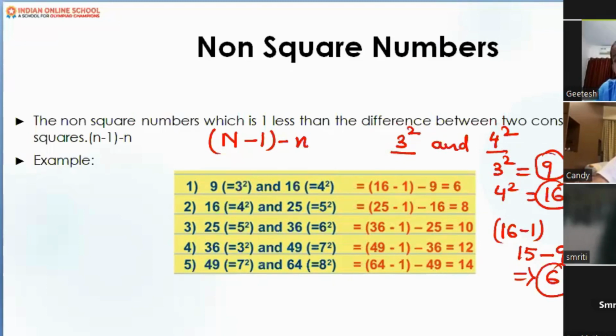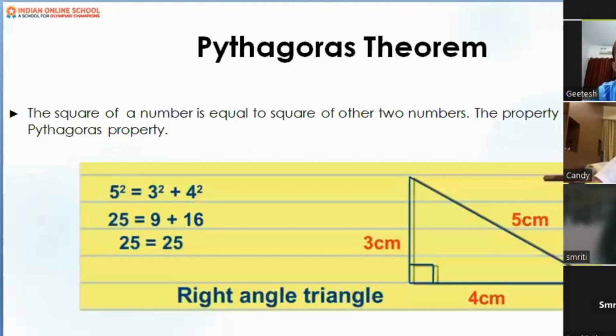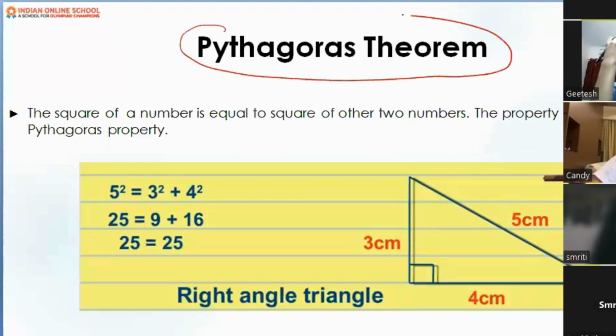Now, do you know what the Pythagoras theorem is? Have you ever heard about it? It's a theorem where the hypotenuse is equal to the square of the other two sides. Correct. So the Pythagoras theorem states that the square of the hypotenuse is equal to the sum of the squares of the other two sides.